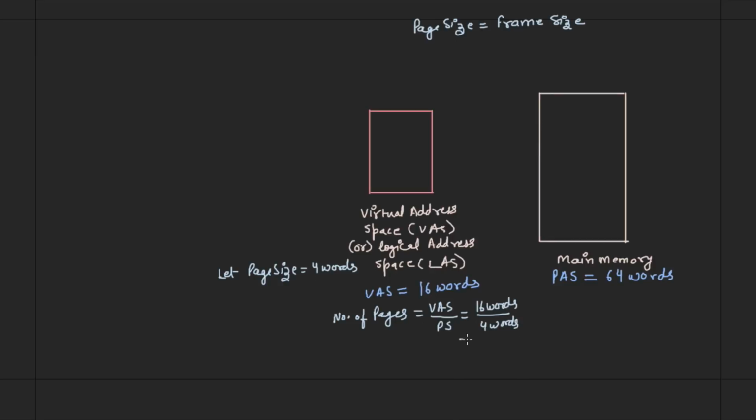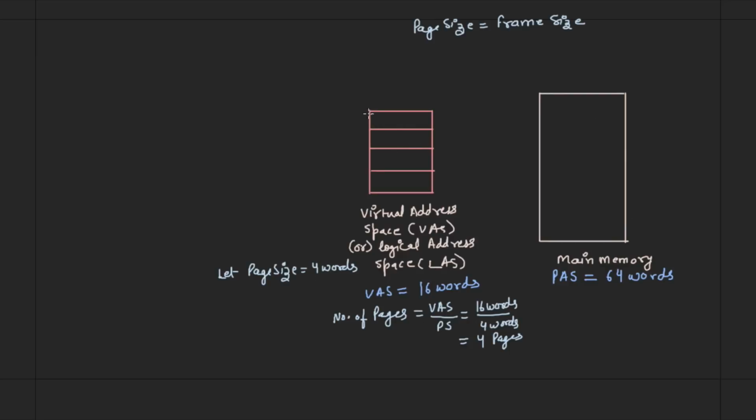So you can see it is only 4 pages. So we are going to have 4 pages. You can divide this entire virtual address space into 4 parts like this. These are the 4 pages. In every page, we are going to have all these words, or you can say all these bytes.